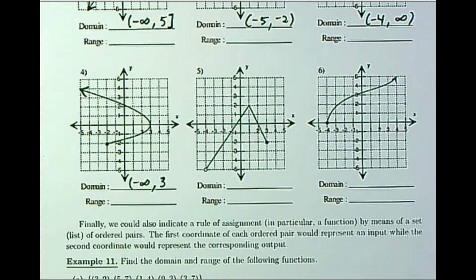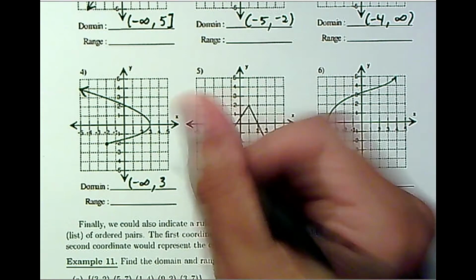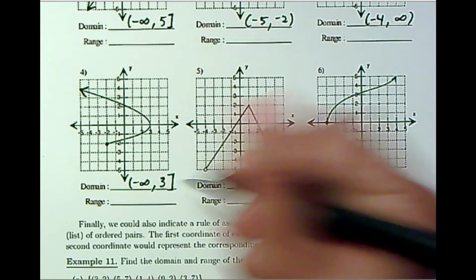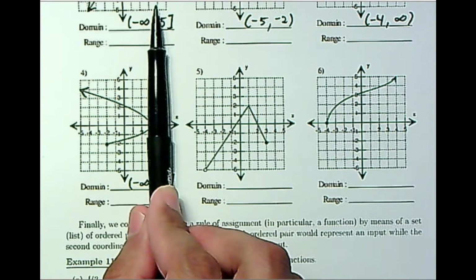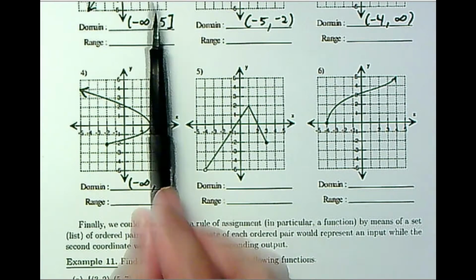And there's a filled dot there, so you must include it, so that should be a bracket. So the domain should be from minus infinity to 3, because the graph keeps going to the left forever, but the furthest it goes on the right side is at most 3. It never gets past that point right there. So up to 3.